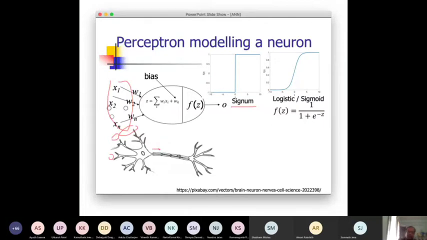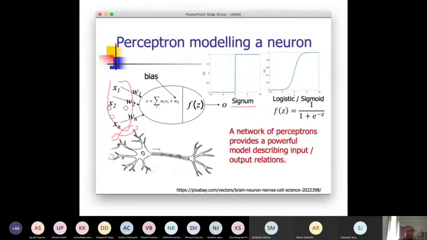We know that the nervous systems are finally connected to our brain. This kind of topology has excited the scientists who are modeling this decision-making task, and they considered a network of perceptrons. So the perceptron captures the behavior of the neuron in this way.